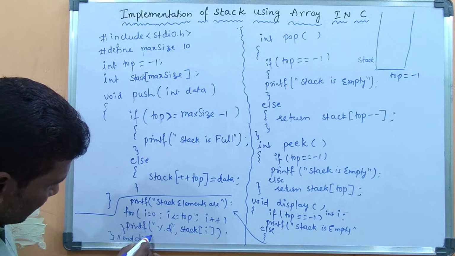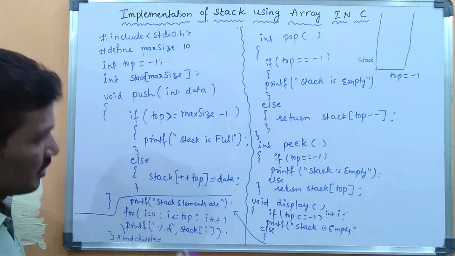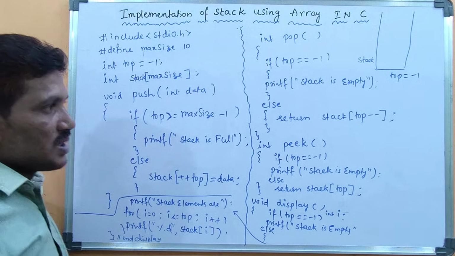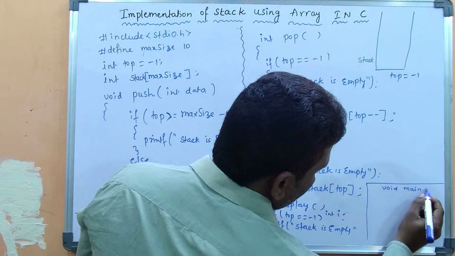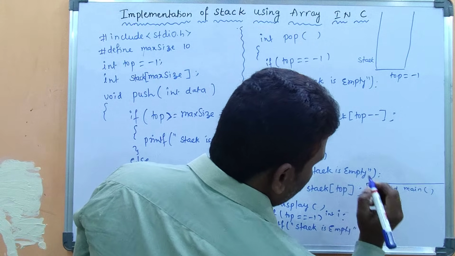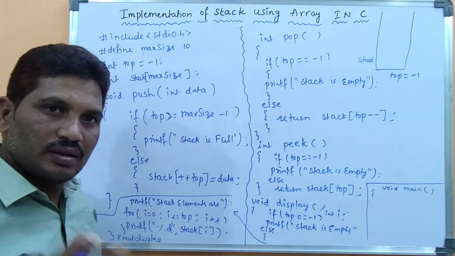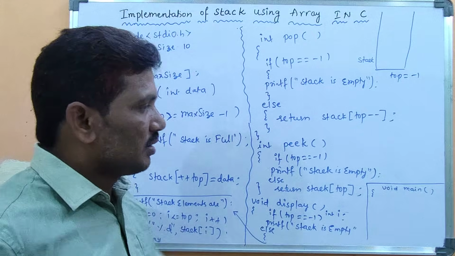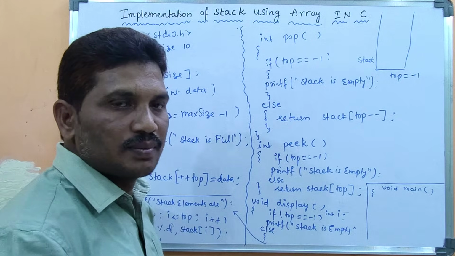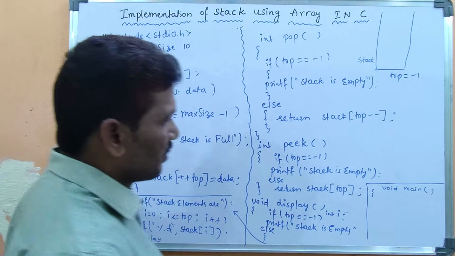If you write it like this, the user can easily understand. Once the display method has been closed, you should write the code for the main method. Main can be declared as int or void, but it can't be declared as float or other data types. Please remember it.